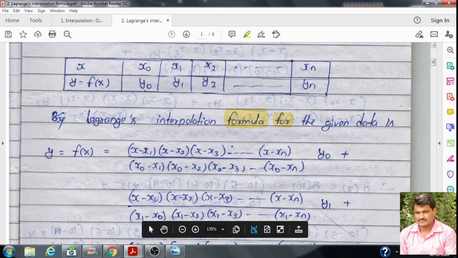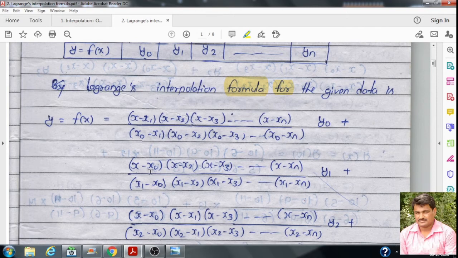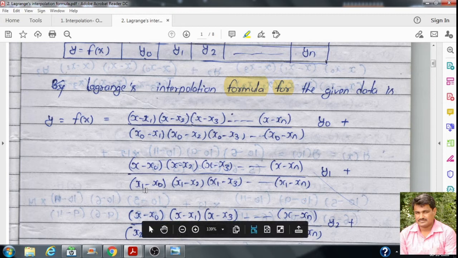The second term of this interpolating polynomial is x minus x0 into x minus x2 into x minus x3 and so on x minus xn, divided by x1 minus x0 into x1 minus x2 into x1 minus x3 and so on x1 minus xn into y1.